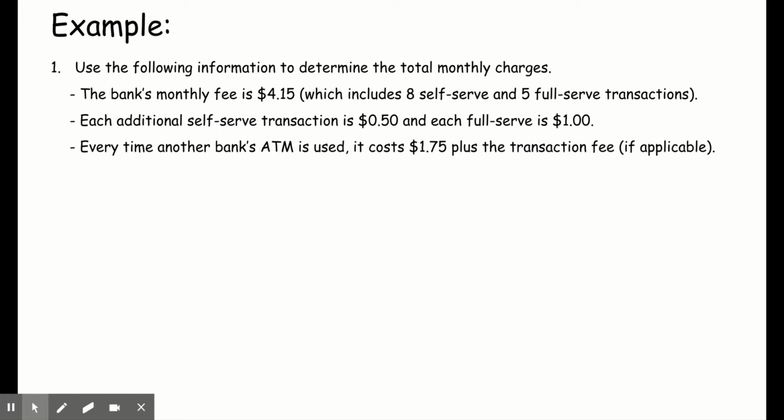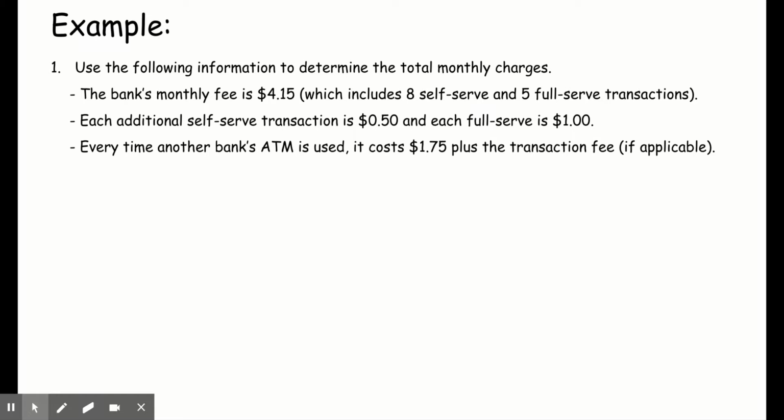Then there are also 5 full serve transactions, that's going into a bank and talking to a teller. Each additional self-serve transaction is 50 cents and each full serve is $1. So if you go above the 8 and the 5, you're going to be paying additional amounts.